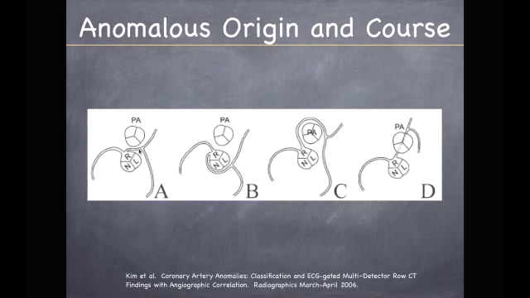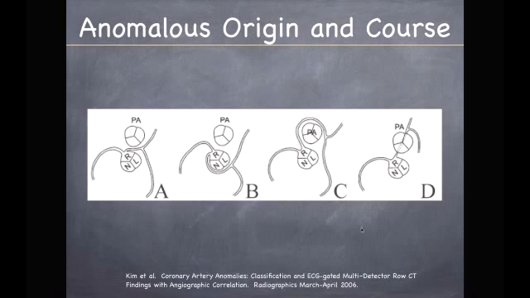The right coronary artery going between the pulmonary artery and the aorta is now generally considered to be managed medically. The vessel can traverse posterior to the aorta in a retroaortic course. It can go in front of the pulmonary artery, which is a pre-pulmonic course, or it can go, as we already saw in that one previous case, transeptal. And this is an illustration that's trying to represent transeptal.